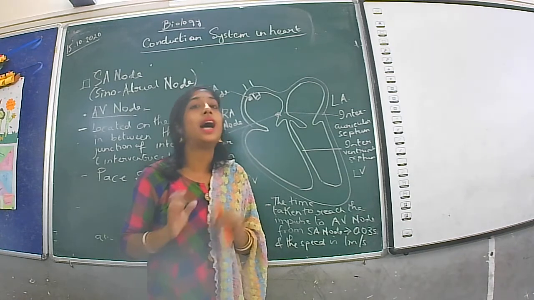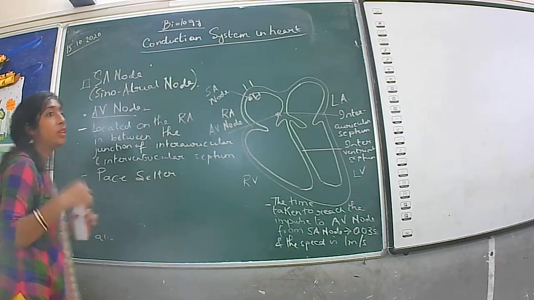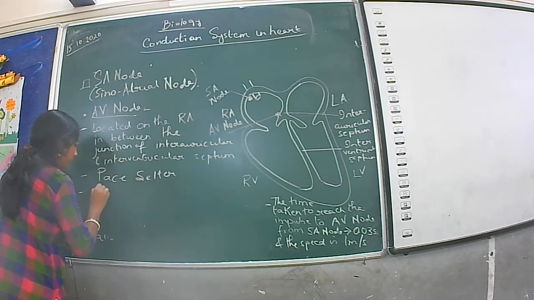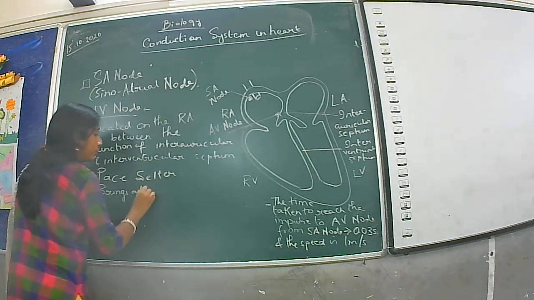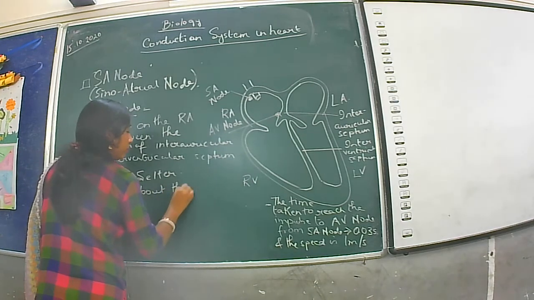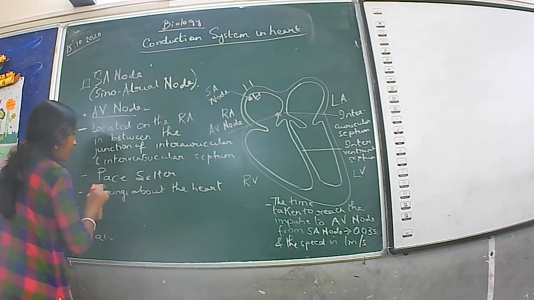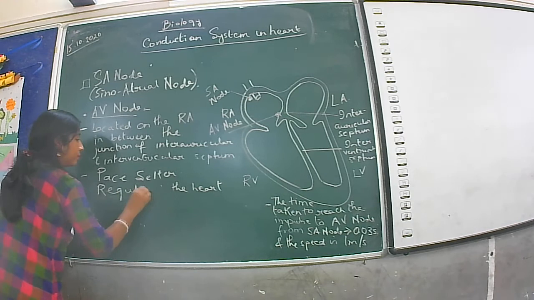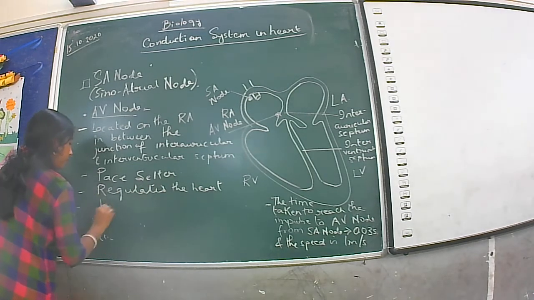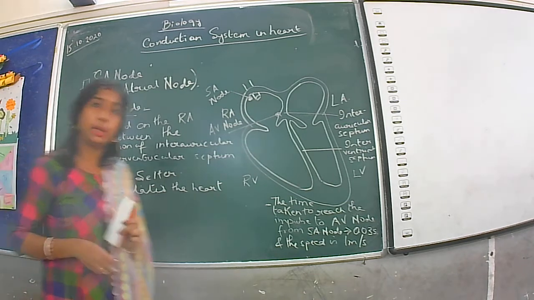It brings about the beating of the heart, or rather regulates the heartbeat. So the AV node is regulating the heartbeat.